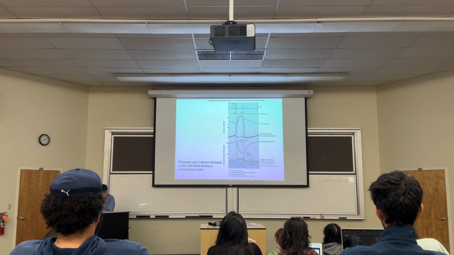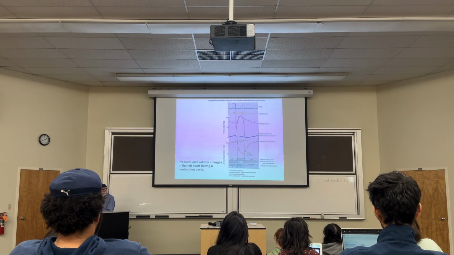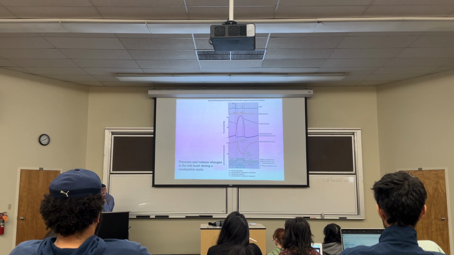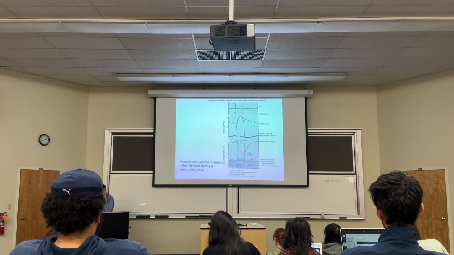What's happening with the volume from here to here? Going up, going down, or staying the same? Staying the same. So we have to be in one of two phases, right? We have to be either in isovolumetric contraction or isovolumetric relaxation. Fair enough? Okay, we know that because the volume's the same.